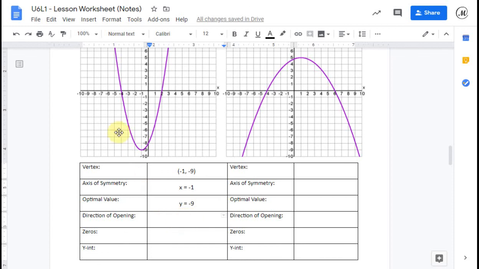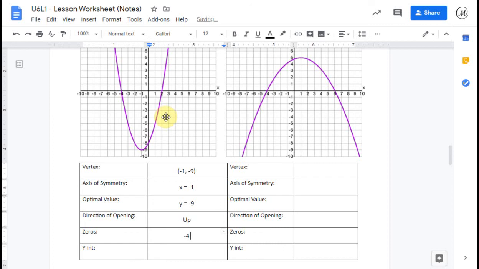The direction of opening, the opening is at the top of this quadratic relation. So this is open up. The zeros, where it crosses the x-axis, this first zero is -4, 0, and this one is 2, 0. Now, with zeros, we're talking about the fact that y is the value of 0, so we don't have to write the whole point.